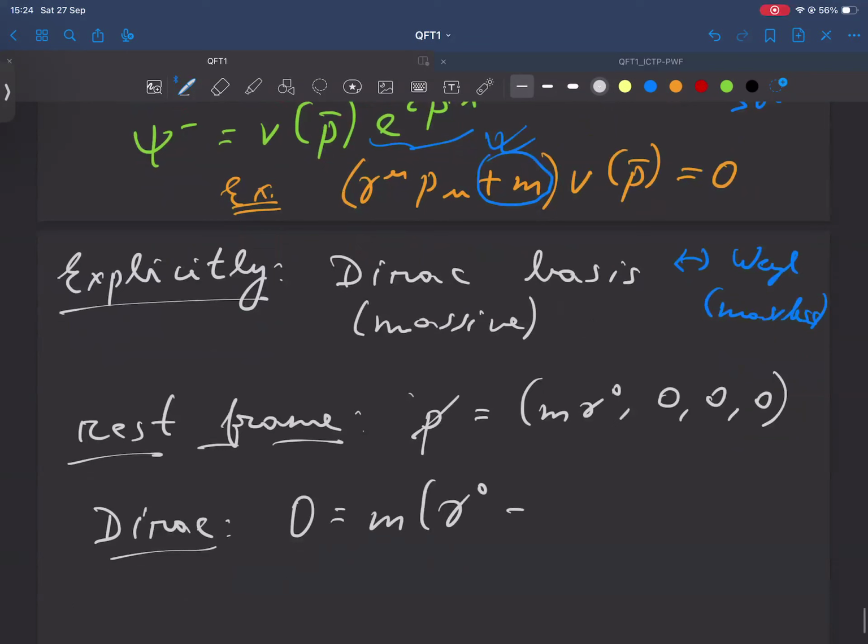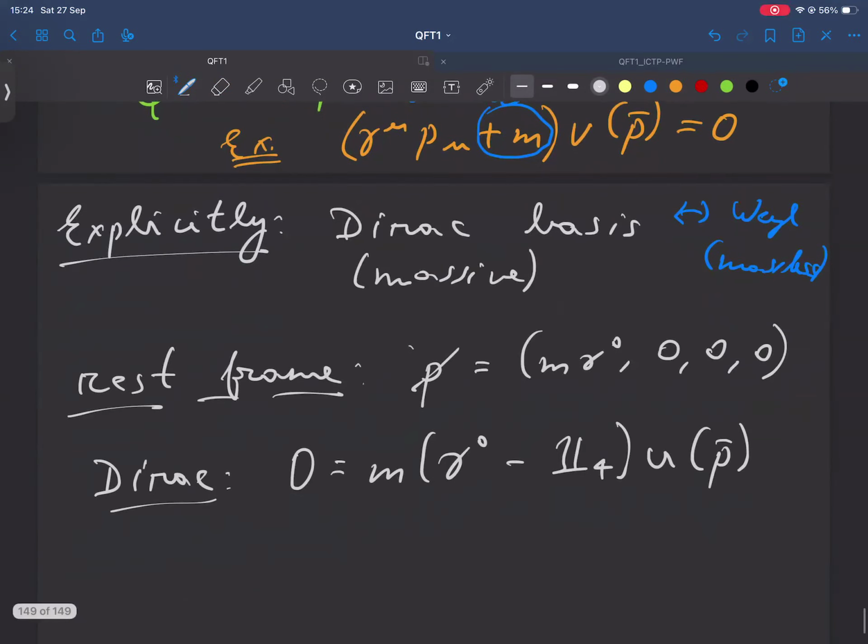again, you substitute the momenta and the gamma matrices. So this is now a 4 by 4 identity matrix acting on p, and that you can simplify to a 2 by 2 identity block, and again p.